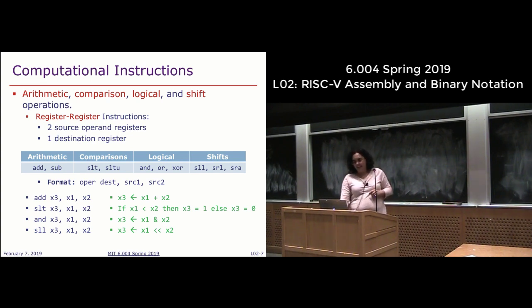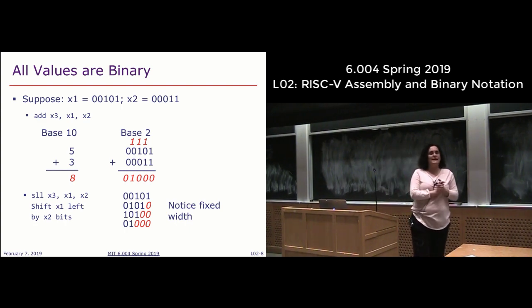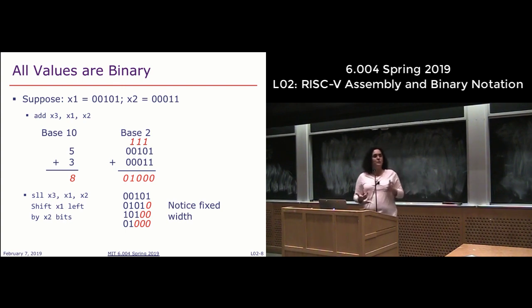Great. Okay, so all of the values in our processors, we said, are binary, right? So everything is expressed in terms of zeros and ones. And you saw in yesterday's recitation a bit of a glimpse into how we represent things in binary and how we convert a decimal number into a binary number, at least for an unsigned positive number.